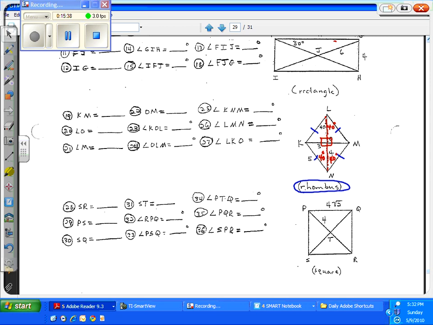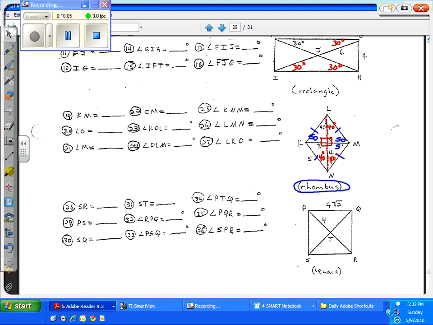Remember, in a rectangle, you had 4 equal angles, but they weren't adjacent to each other. See where those 4 equal angles are located versus where they're located on a rhombus? Now we know that the sum of the angles of a triangle is 180, or we know that the acute angles of a right triangle are complementary. So if we've got a 40 and a 90, the other one's 50.